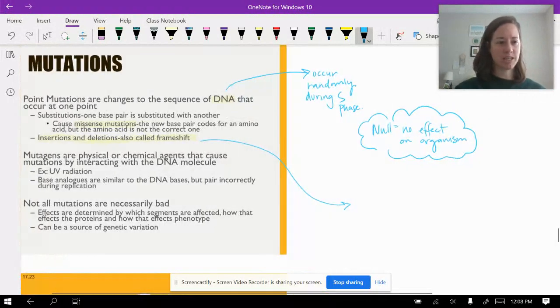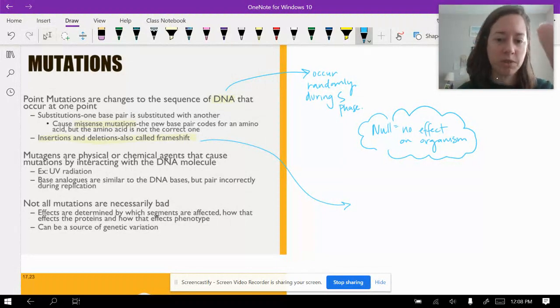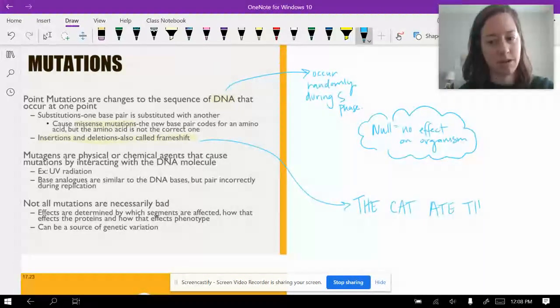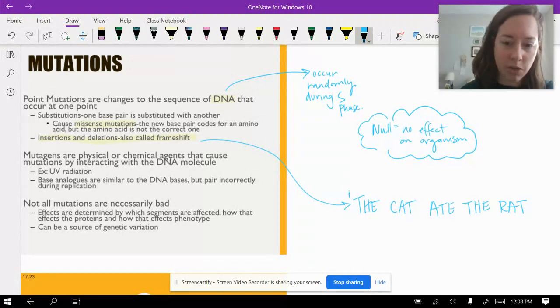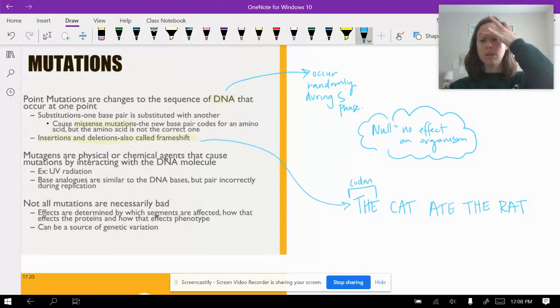I like to demonstrate this using an English sentence that's all 3-letter words. So, the cat ate the rat. In this situation, each of these 3-letter words is a codon. So then let's say we're going to have an insertion.